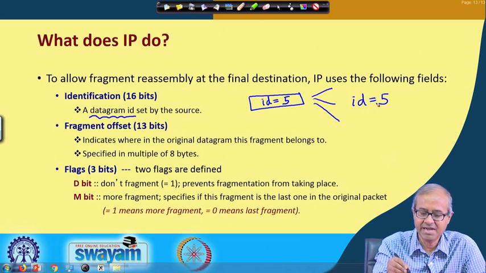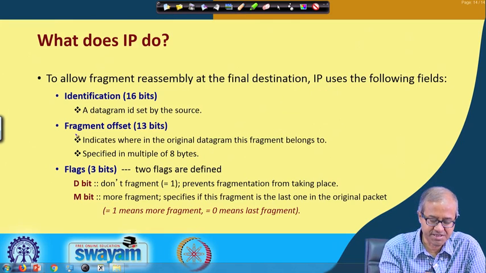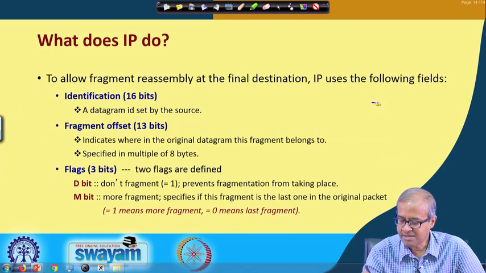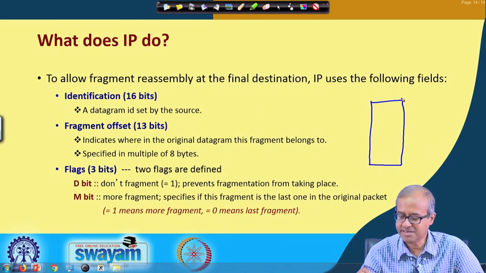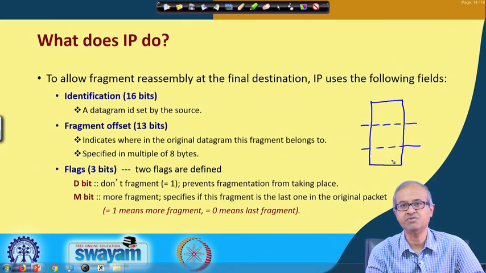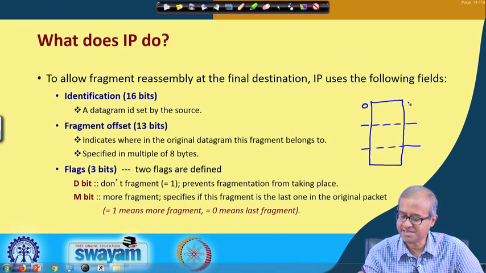Next comes something called fragment offset. This is a 13-bit field. Suppose your original packet was like this. Let us say this packet was divided into 3 fragments. This is one fragment, this is one fragment, this is one fragment. So, the first fragment started from an offset 0. Let us take an example, the size of this is 1000.